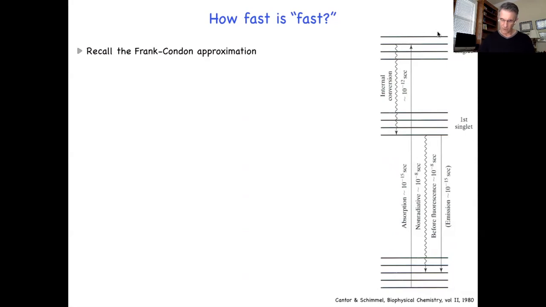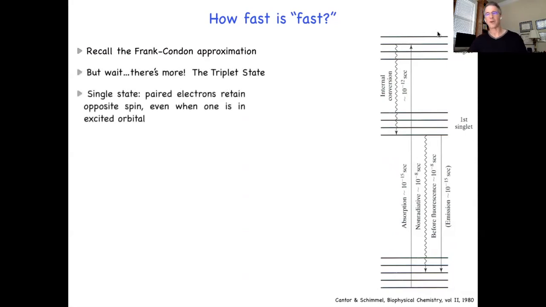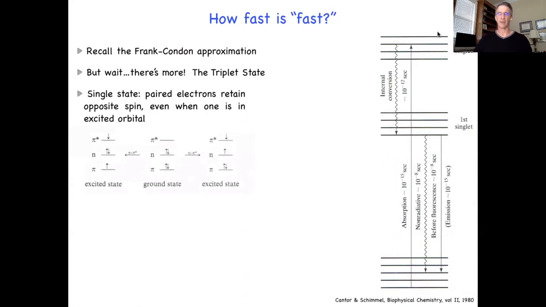Okay, so it turns out there are a couple of other wrinkles to this. These first excited states that I'm referring to here are sometimes referred to as singlets. You remember, hopefully, that electrons in molecular orbitals like this are paired in such a way that one of their fundamental quantum numbers, their spin number, is opposite each other.